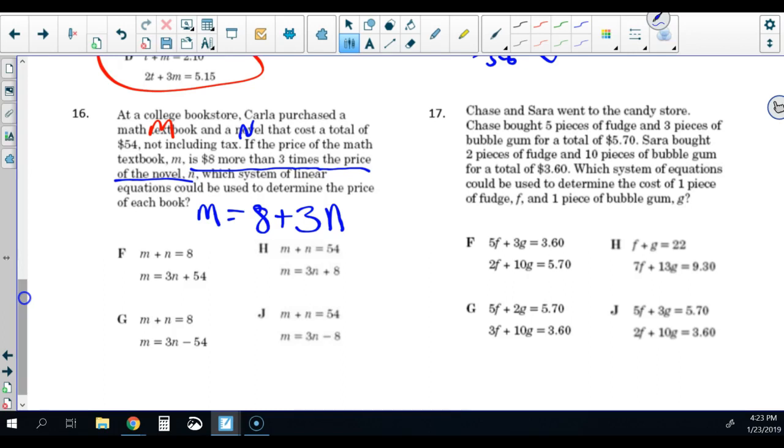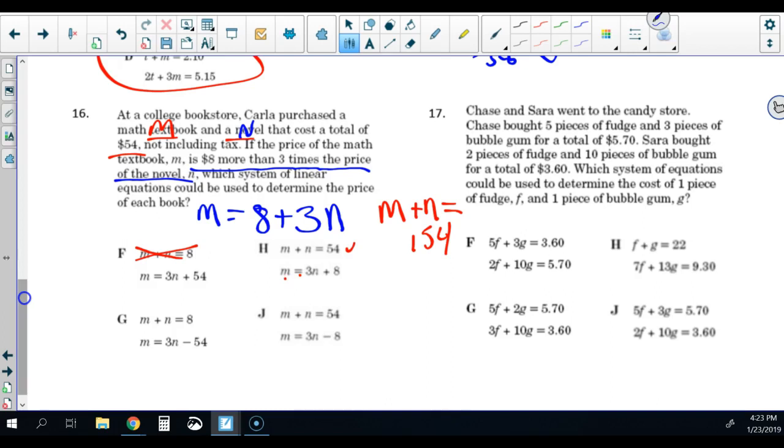Well, the other one is the cost of just one math textbook and one novel was $54. So a math book plus a novel equals $54. It looks like it might be H, because that equation is good.